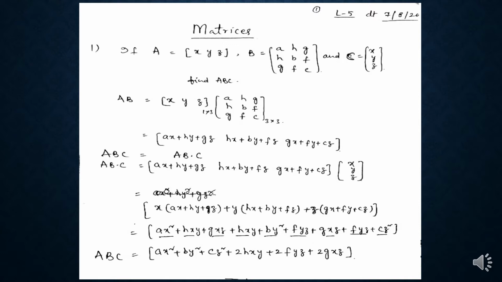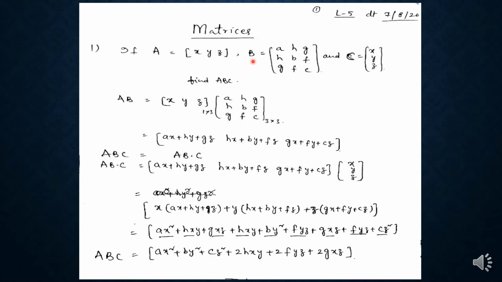See the first problem. If A is equal to [X, Y, Z], B is equal to [[A, H, G], [H, B, F], [G, F, C]], and C is equal to [X, Y, Z] as a column, find ABC. So we have been given three matrices. The order of the first matrix is 1 by 3, because it has one row and three columns.